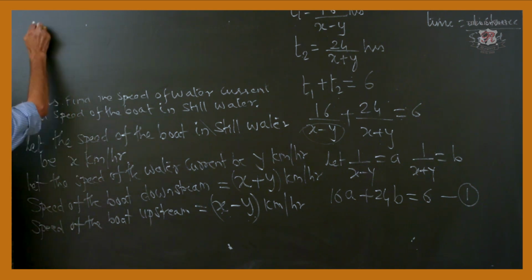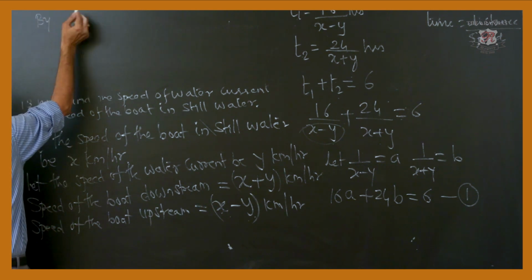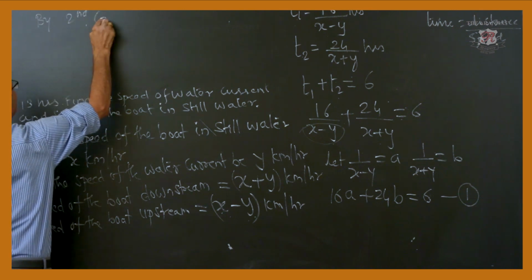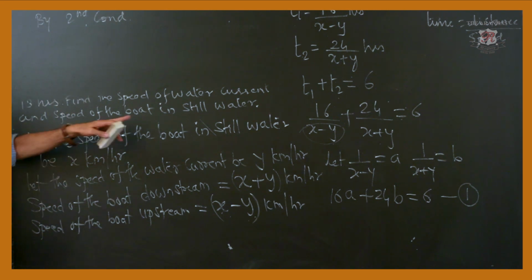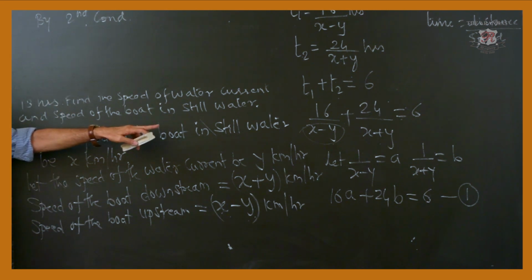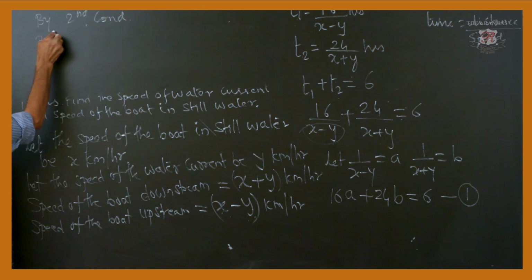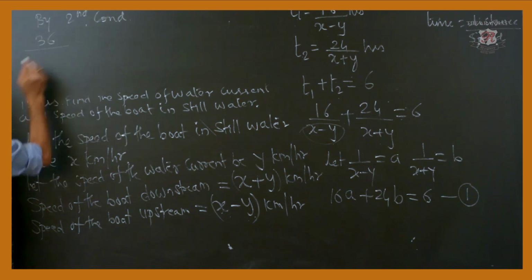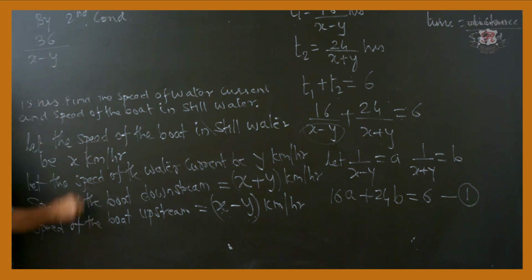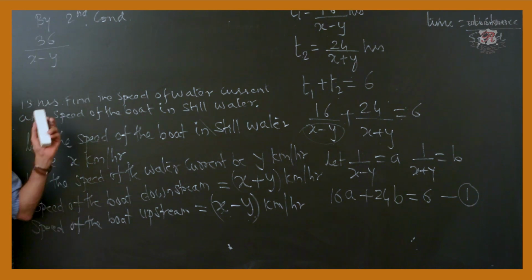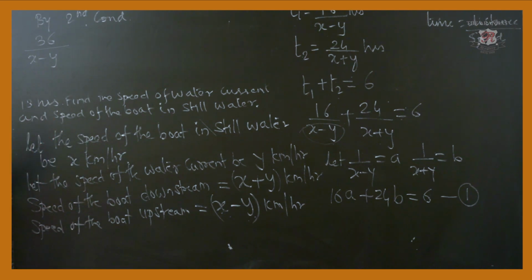So, by the second condition, 36 kilometers it has traveled. So, 36 is the distance. Speed of the boat upstream is x minus y. Now, this is upstream. Downstream it has covered 48 kilometers.